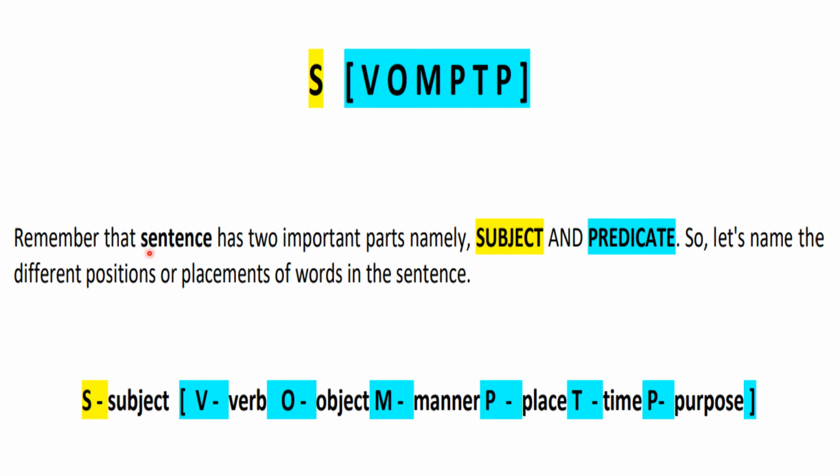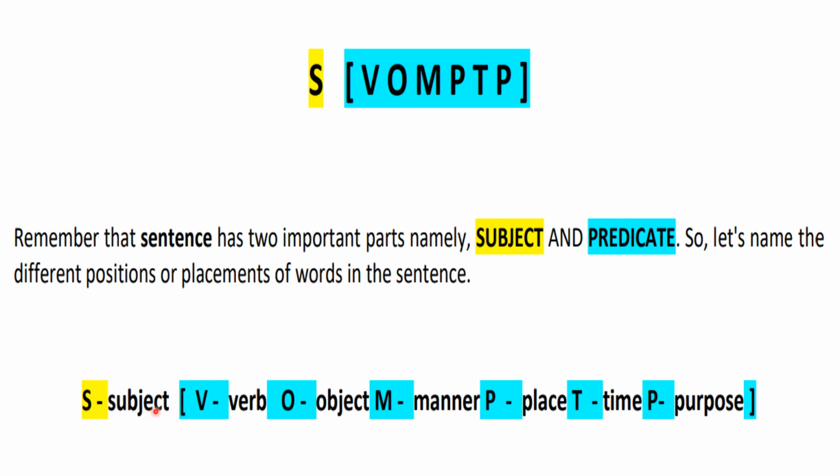Okay, remember that a sentence has two important parts, namely subject and predicate. So let's name the different positions or placement of words in the sentence. A while ago we talked about the two parts of the sentence, subject and predicate, but this time we will be focusing on the positions or placement of words in the sentence.